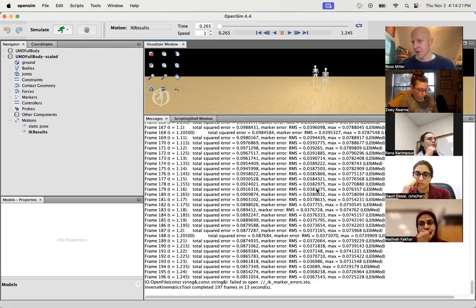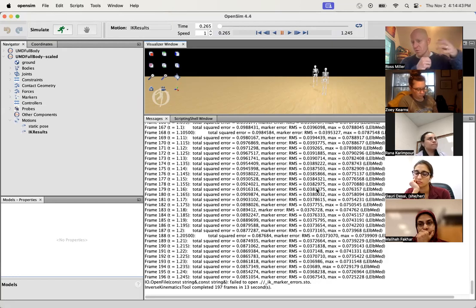Marker error RMS here, to my understanding, is like there's 63 markers on this model, and for that particular frame, it's taking the positions on the model of all 63 of those markers and the position in the data of all 63 of those markers and calculating the RMS of those.